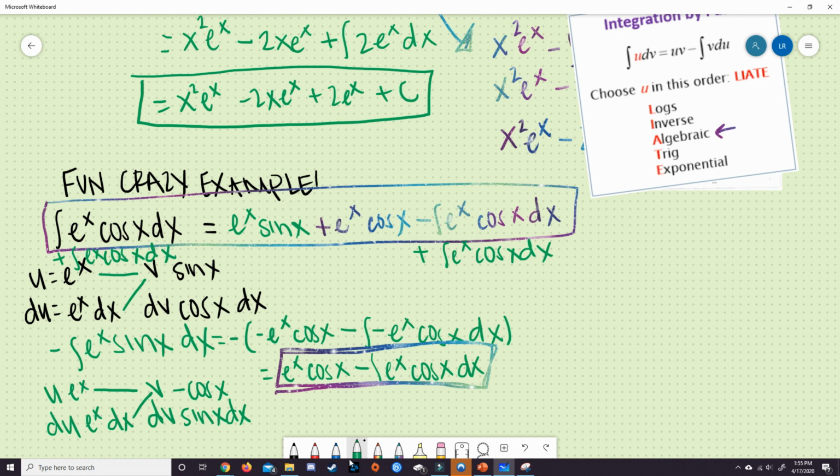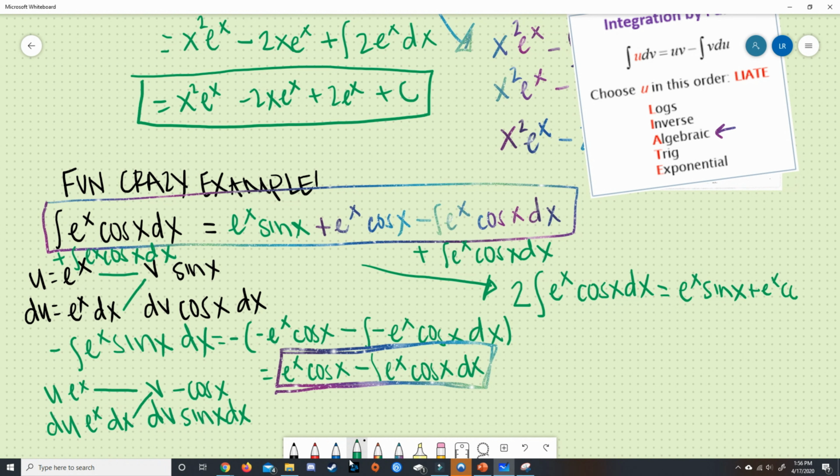And what I get when that happens is 2 times the integral of e to the x cosine of x dx, 2 of them because I took this one and added it to the other side, and they were exactly the same thing apart from one being negative, one being positive. So I added them together and I got equals e to the x sine of x plus e to the x cosine of x.